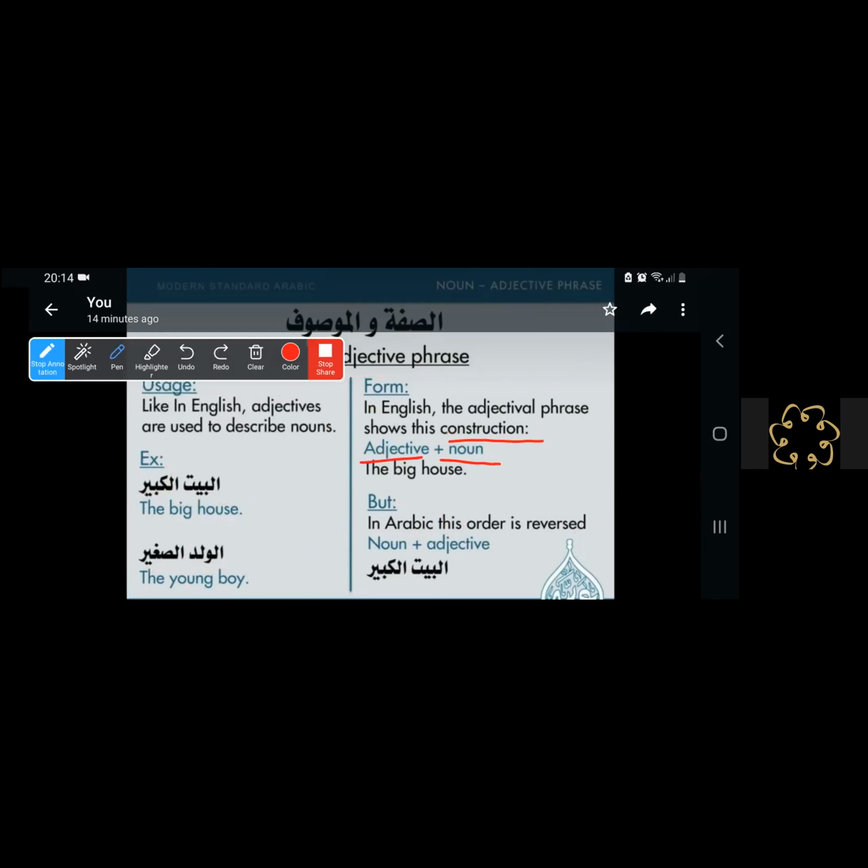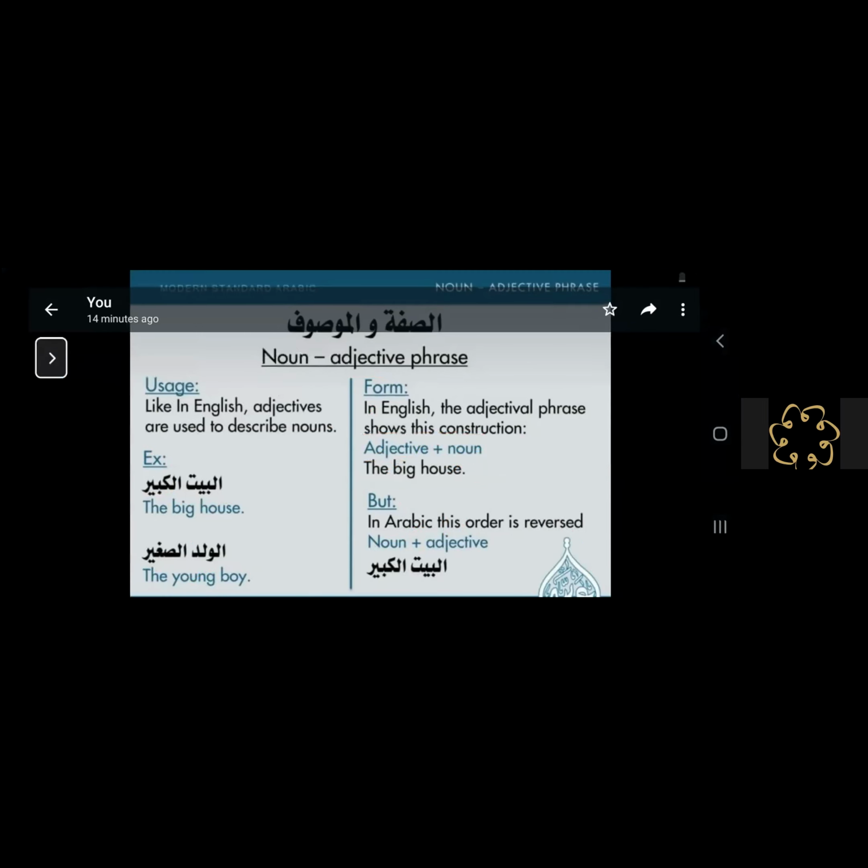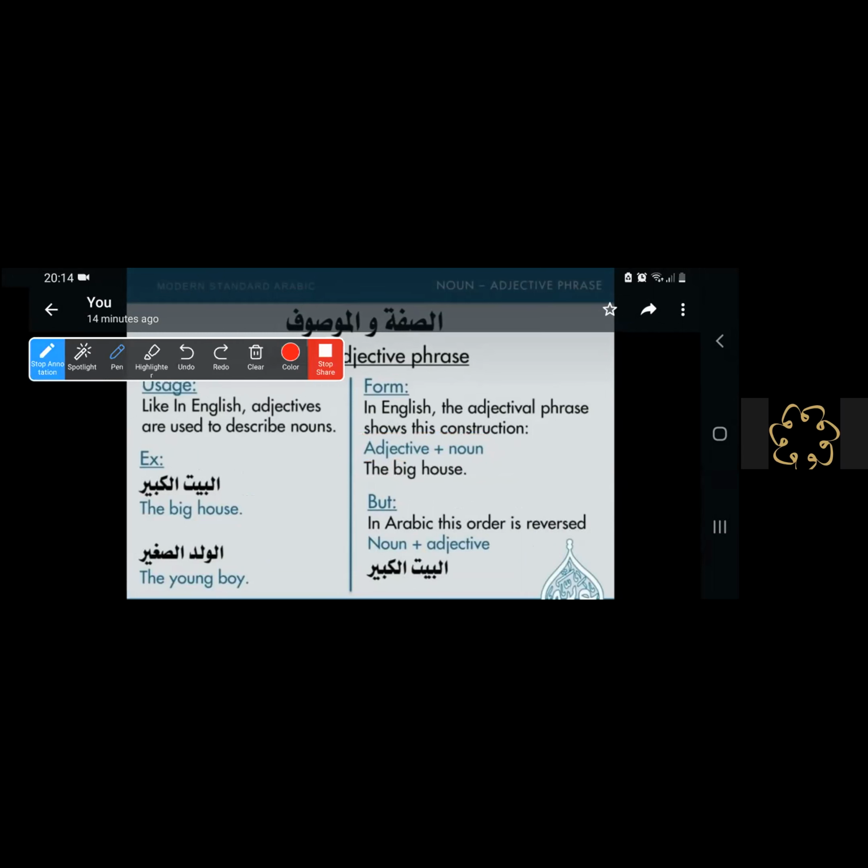It is the opposite of English. So they have given you here the English way. In English, you said the big house, but in Arabic, the order is reversed. Noun and then adjective. It's not confusing. So this is the first thing you should know about adjectives. In Arabic, the main object comes first and adjective comes later.